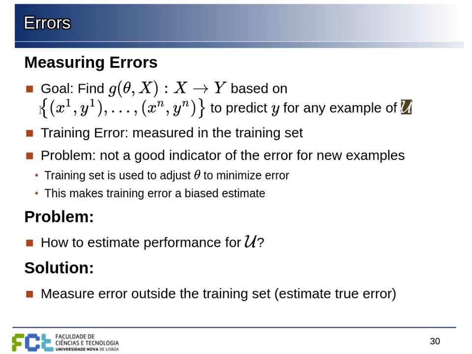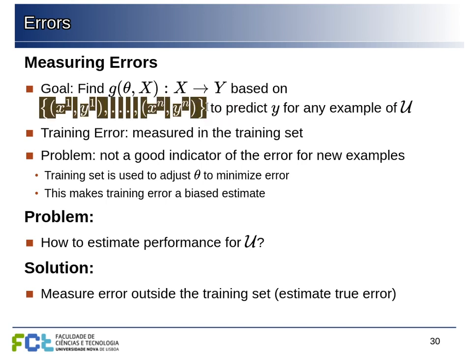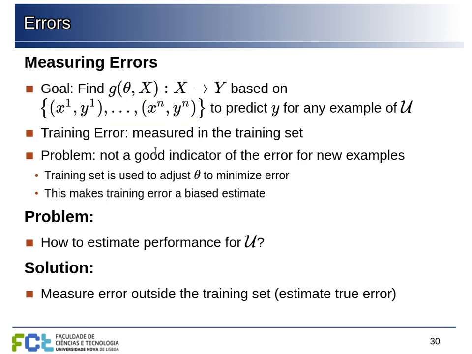We can measure the training error because we have the correct target values there. But the problem that we saw previously is that the training error is not a good indicator of how well our hypothesis will perform in the whole universe of examples, because we are purposefully trying to minimize the error in the training set.